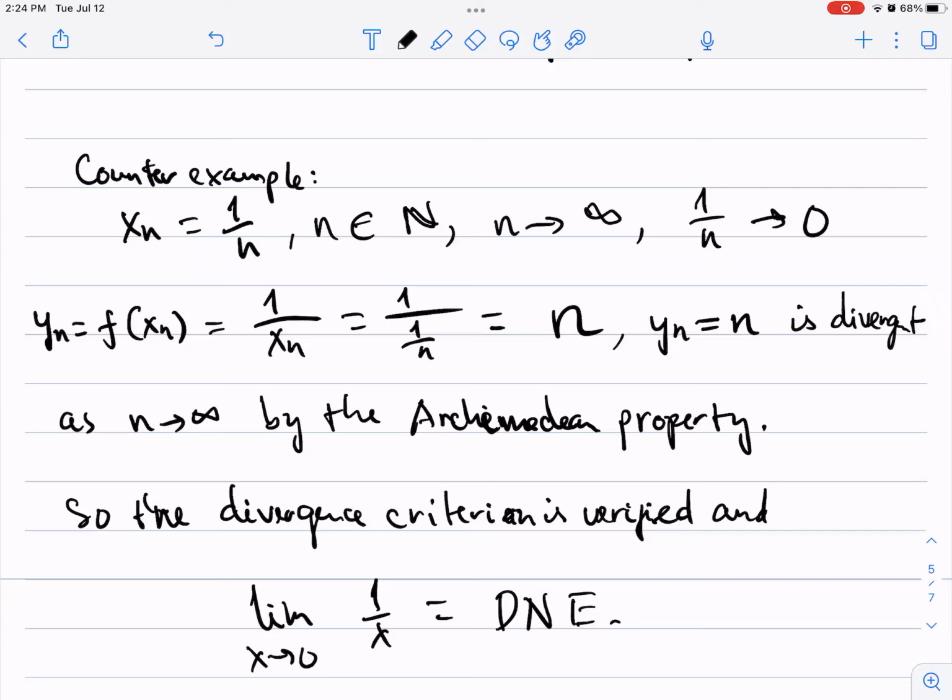It's easy to see that when n approaches infinity, 1 over n approaches 0. This is a very common result we proved in the previous chapter. Now consider y_n equal to f(x_n), which equals 1 over x_n, which equals 1 divided by 1 over n. By algebraic simplification, this is equal to n. We see that y_n here is divergent as n approaches infinity by the Archimedean property.